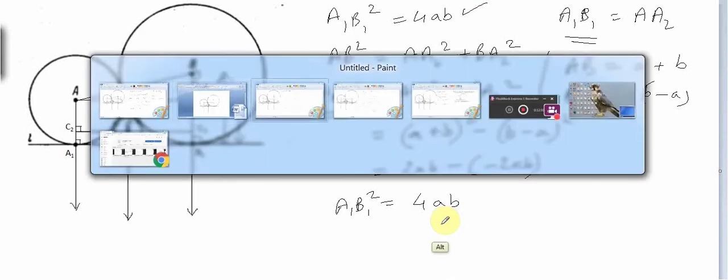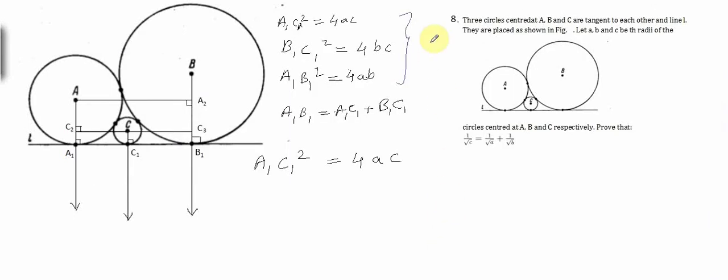Now, since all the three are now proved, consider this equation. A1 B1 is equal to under root 4AB. The under root is immaterial for now, and we ignore it, that is A1 B1 square is equal to 4AB.